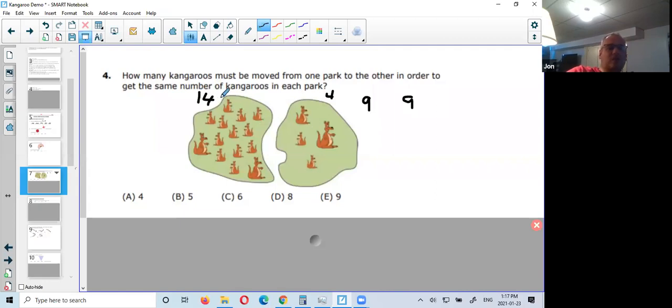So we have to move 5 over. We have to transfer 5. And so the answer, I think, is B. All right, so hopefully you got B. Because if I transfer 5, 4 plus 5 is 9. And 14 take away 5 is 9.